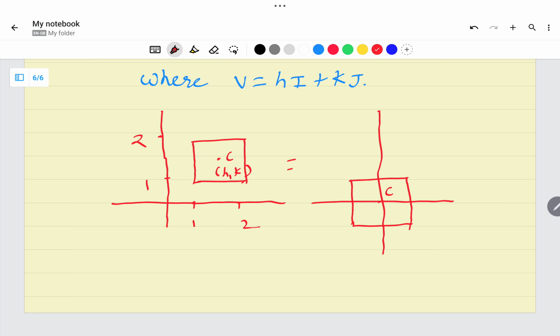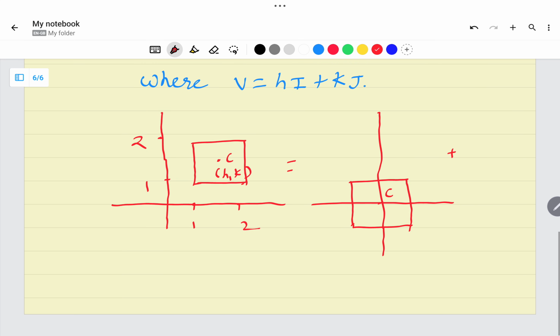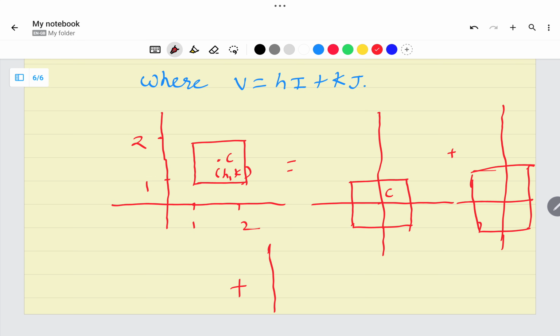Then the second step, apply the scaling. So we are enlarging this. We apply the scale here. And lastly, we will again translate the center back to the original position.